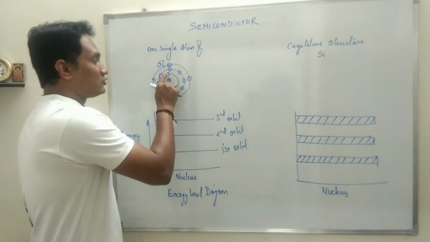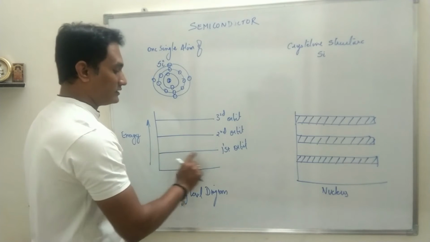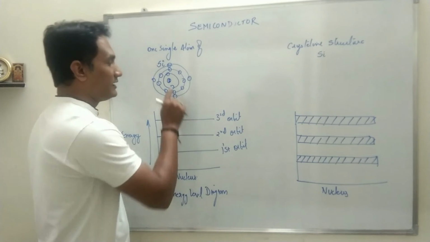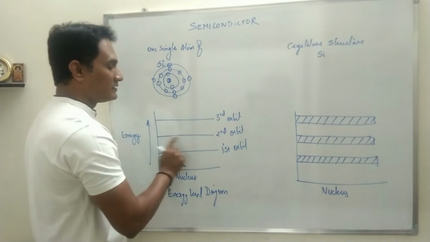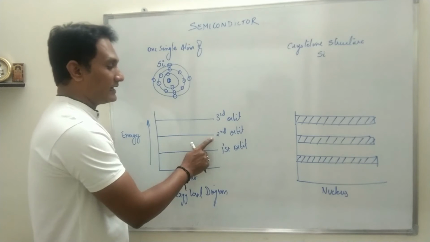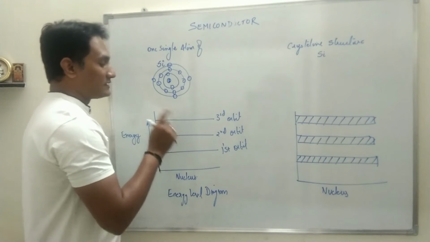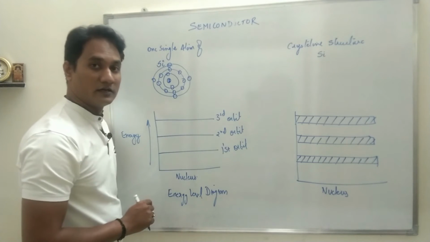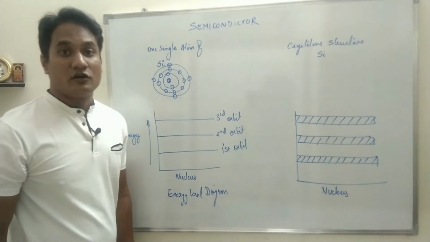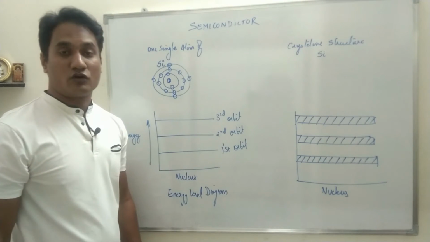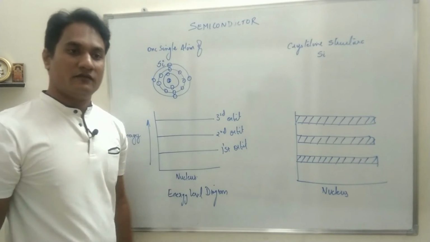That means these two electrons will have the same energy, and therefore it is represented by one single line. Similarly, the 8 electrons present in the second orbit will all have the same energy, therefore a single line. And the valence electrons will have the same energy, and therefore will be represented by a single line, but that is in the case of one single atom of silicon. But when multiple silicon atoms are brought together, they have a range of energy at the first, second and valence orbit.